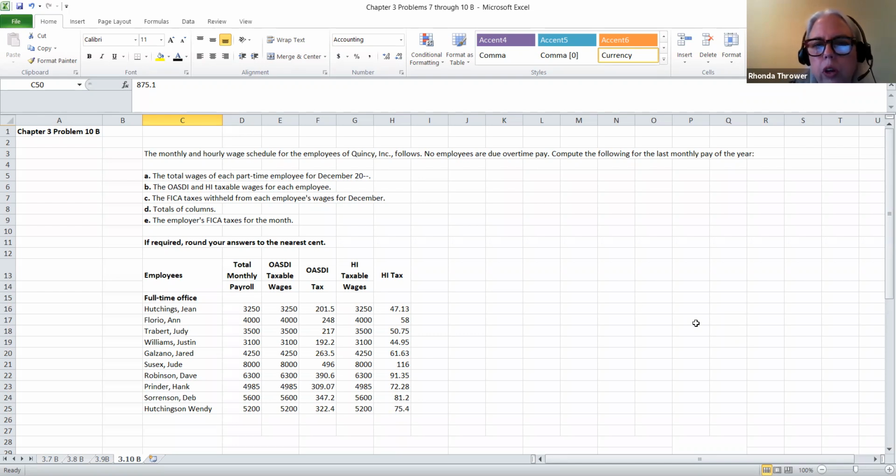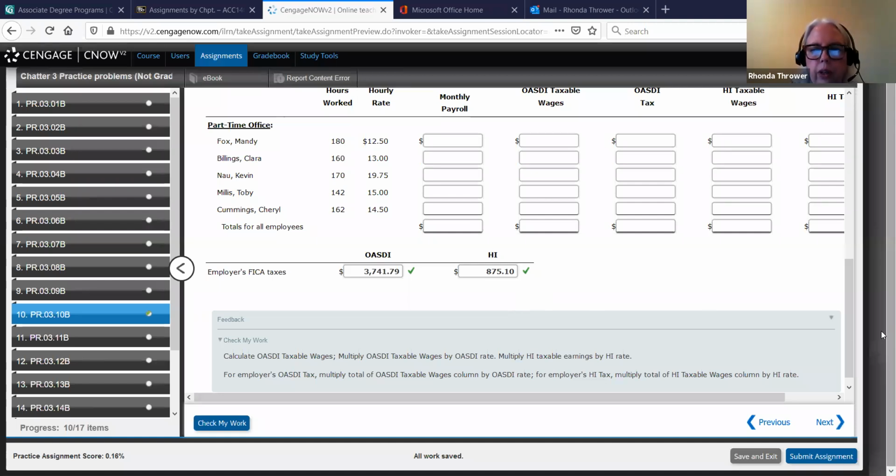So I'm going to stop sharing this for just a minute, and I'm going to put up a new share for the next screen, the Cengage screen that I want you to look at. So hang tight with me while I try to do this. I'm going to share my screen again. But this time we're going to pick up Cengage. And so now you should be able to see Cengage.